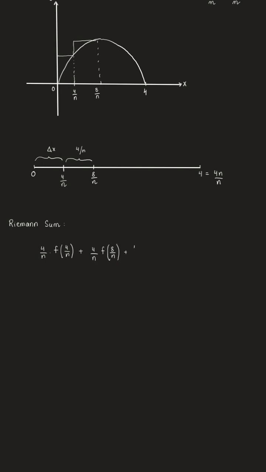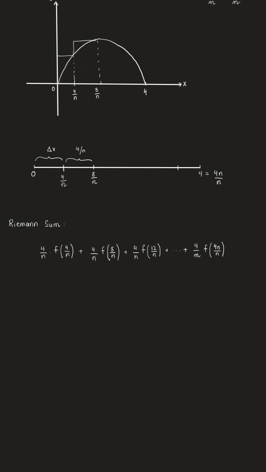Similarly, the third rectangle, width will be 4 over n, height will be f of 12 over n. And we keep doing this. I don't know how many rectangles there will be, but in general, the right endpoint for the last subinterval will be f of 4n over n. That's where we're going to take the height for the very last rectangle. So this is our Riemann sum.